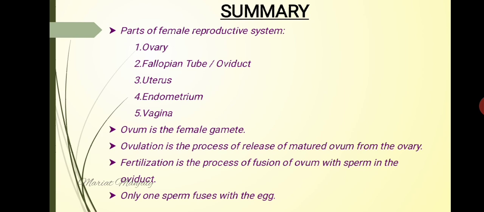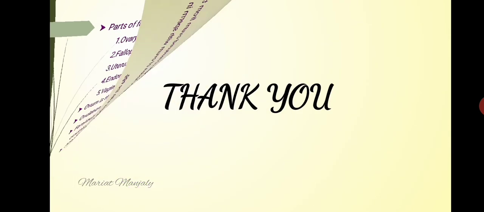The female gamete is called the ovum, and the process of release of mature ovum from the ovary is called ovulation. Fertilization is the process of fusion of ovum with the sperm in the oviduct, and only one sperm fuses with the egg. Thank you.